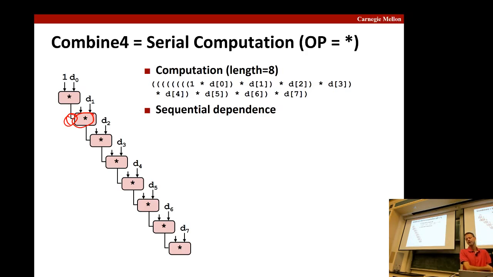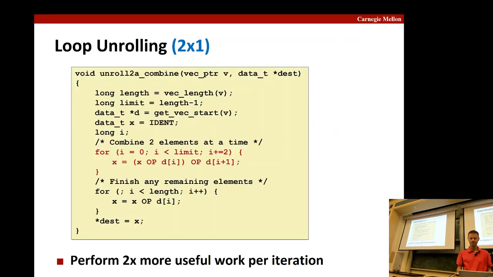But if this is an integer, for instance, we know that multiplication is associative, so we don't have to do it this way. In particular, we can do what's called loop unrolling, where you step through a loop not 1 at a time, but 2 at a time. Of course, if the length ends up being an odd number, you have to do that one last case.